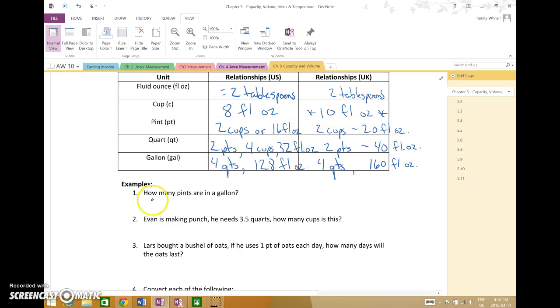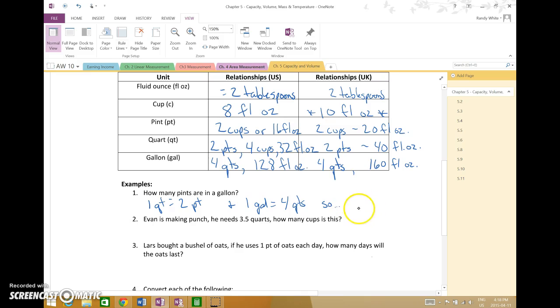Well, 1 quart equals 2 pints. And 1 gallon equals 4 quarts.